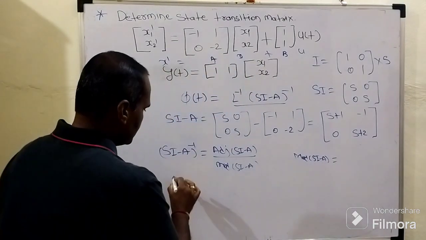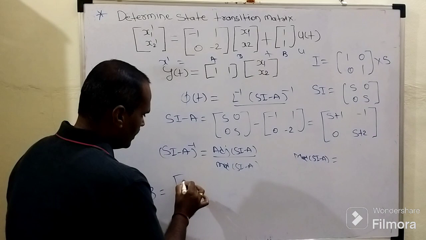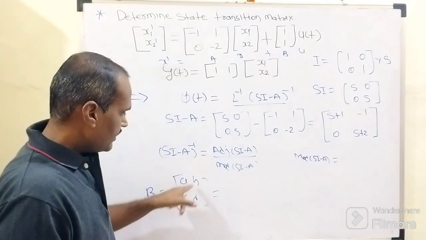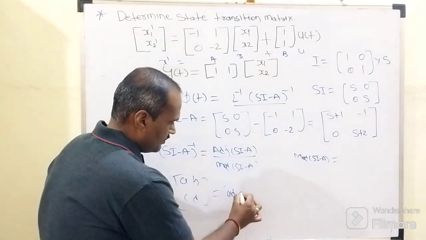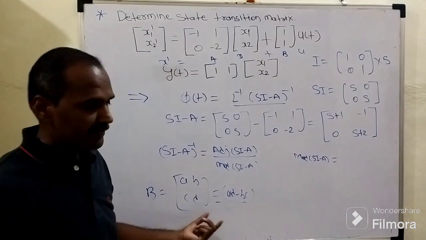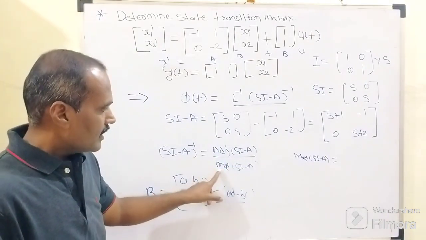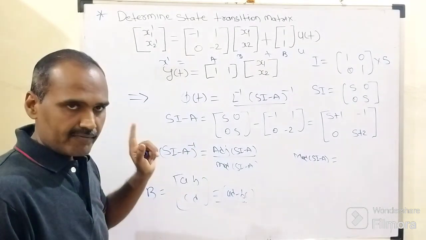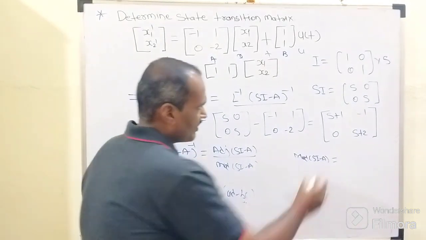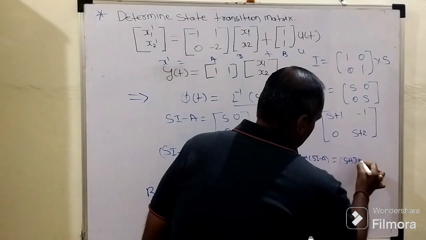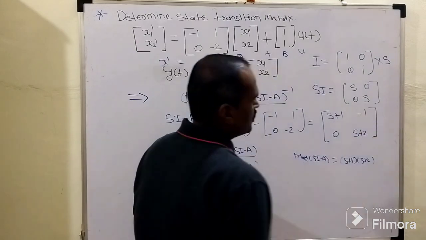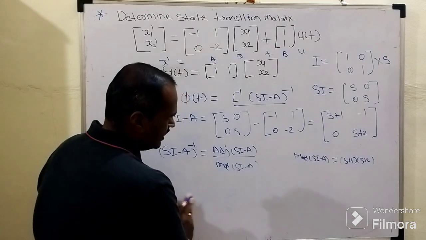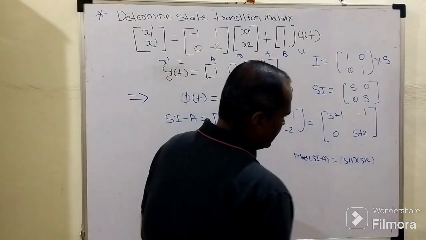Now see, if suppose we are having such a matrix, capital B, with A, B, C, D, obviously its modulus will become AD minus BC. The same strategy we need to use here to determine the denominator of SI minus A inverse. Its modulus is S plus 1 times S plus 2, and 0 multiplied by minus 1 obviously becomes 0. So its denominator will become S plus 1 times S plus 2.